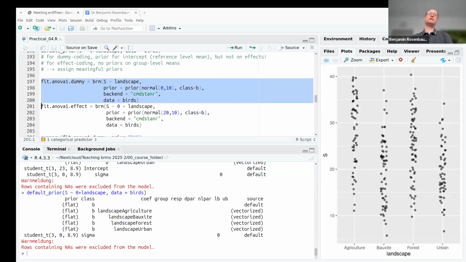So keep in mind that usually you will fit it with dummy coding because then you have a bit more flexibility. And note that the priors for the effects mean that the effects are the differences to the reference level.